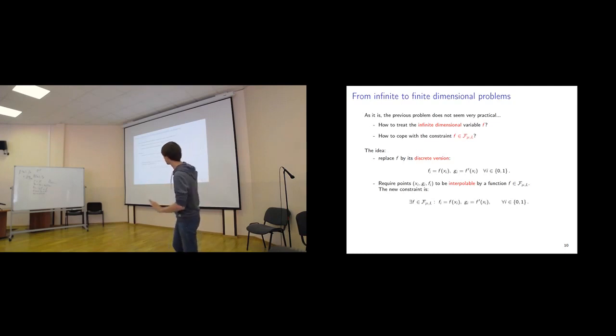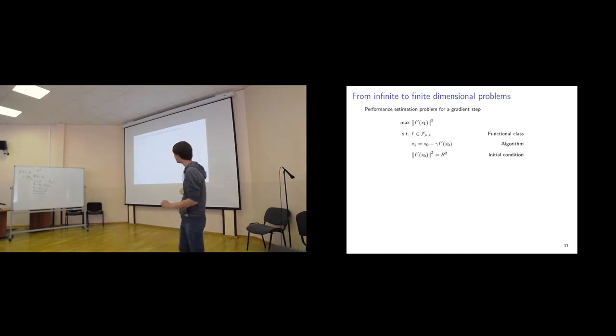Okay, let me put that into the previous problem. If I retake this problem, the reformulation I propose is the following one. You add as variables f and the 2 iterates. Now I propose to do it like this. We'll just rename the variables: the gradient norm after one iteration, we called it G1. So this is the objective. Now for the variable f, this constraint we will handle this way.